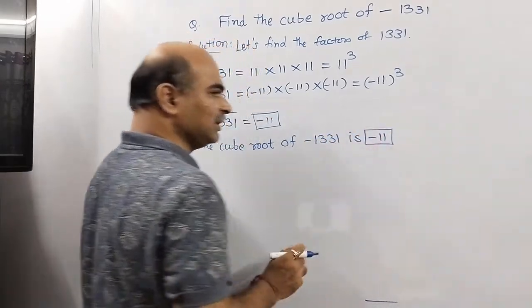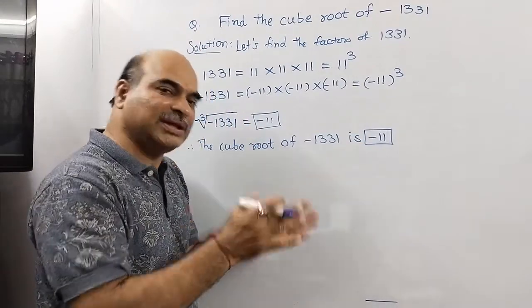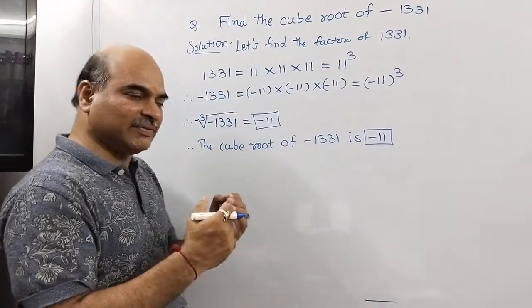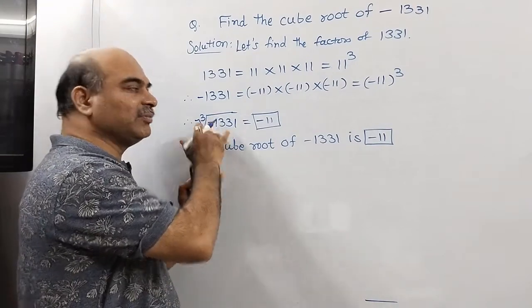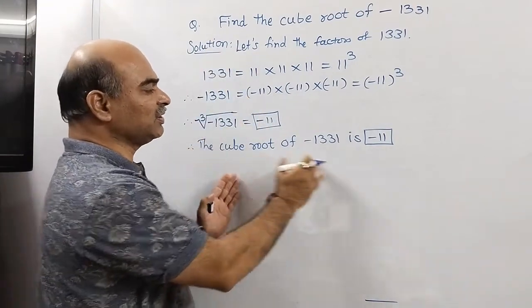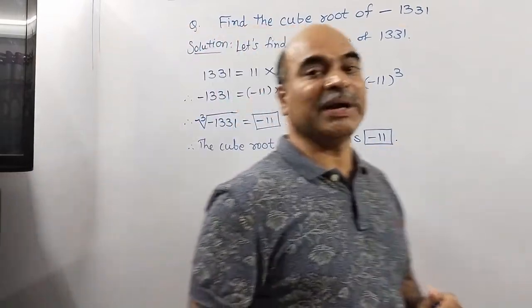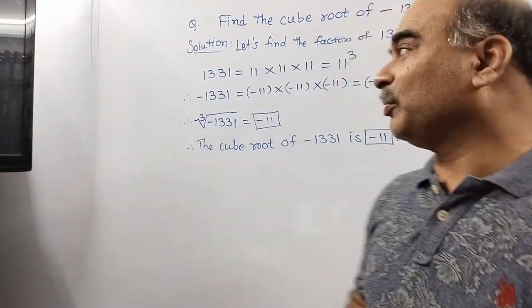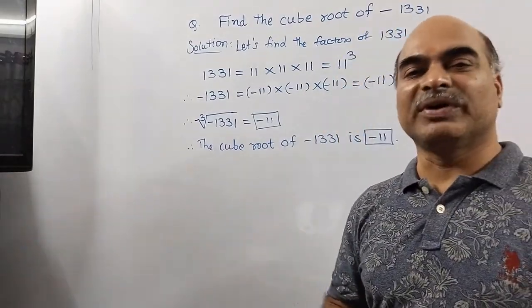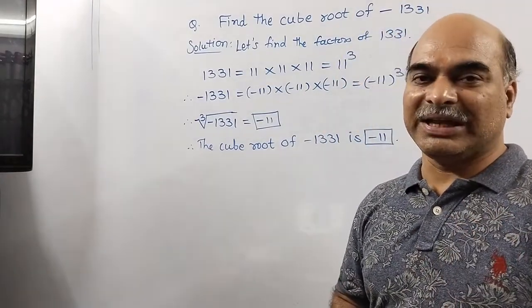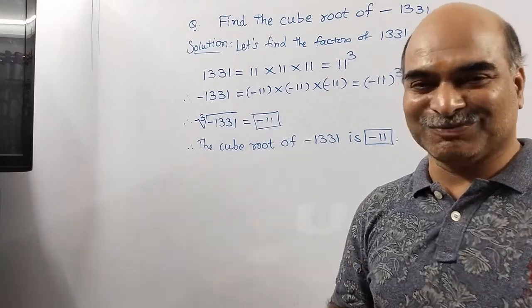As we know the rule that the cube of a negative number is negative, we can take the reverse, vice versa, that the cube root of a negative number is negative. So we got the answer as minus 11. I hope that you got how to find the cube root of a given negative number. Thank you.